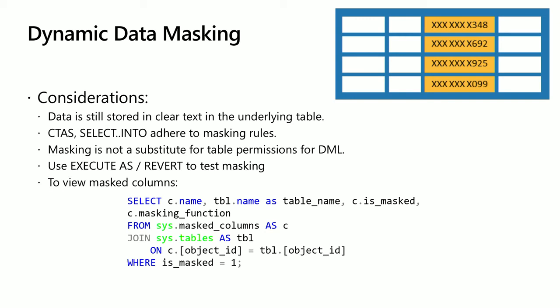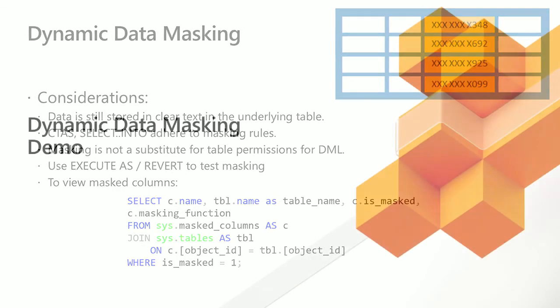You can use execute as and revert. Those are a couple of good functions that we've exposed in SQL DW to test your masking. And then to view the masked columns, we have the sys.masked_columns catalog view, where you can see how things were masked.